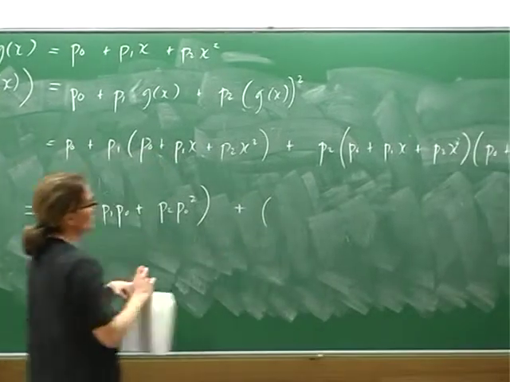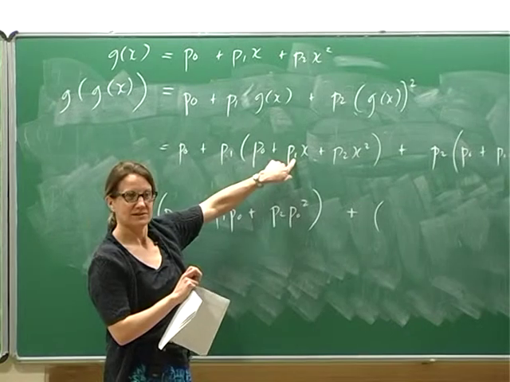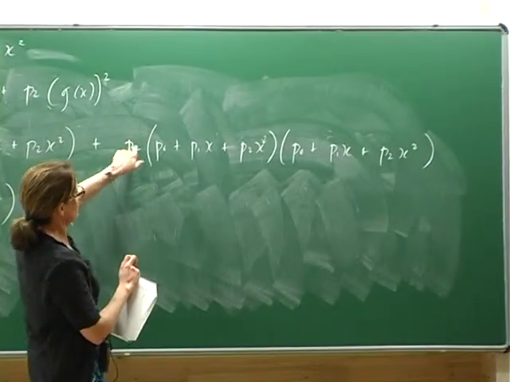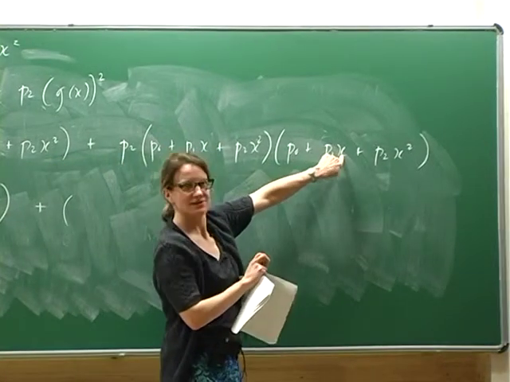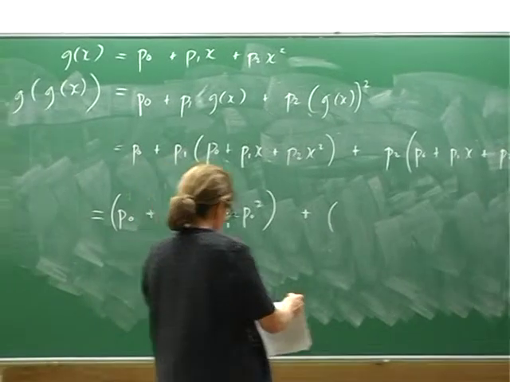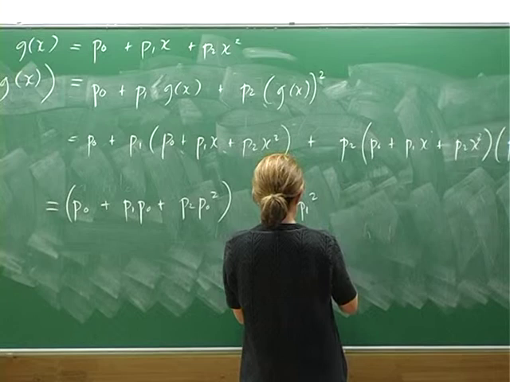And now I'm going to collect terms that multiply x. So the first one is this P1 squared x. And then over here I will have, for example, a P2, P0, P1x, etc. And those terms end up looking like P1 squared, like I said.